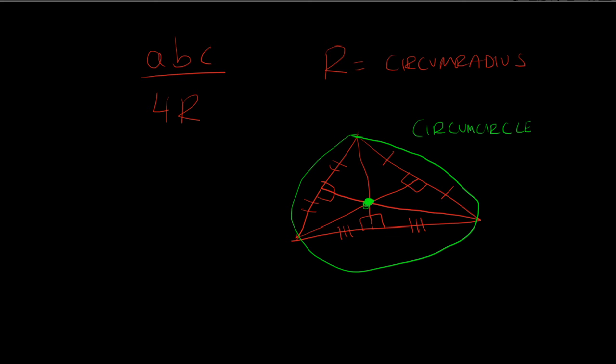So the radius of this circle, so let's pick this radius. This is called the circumradius.